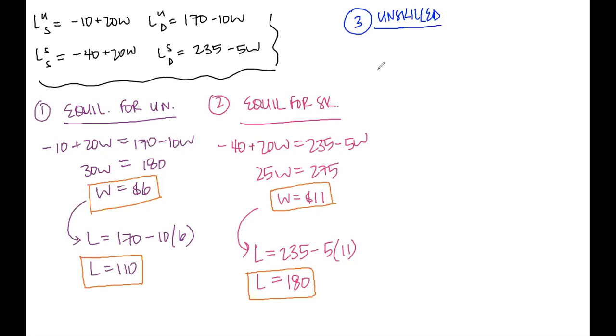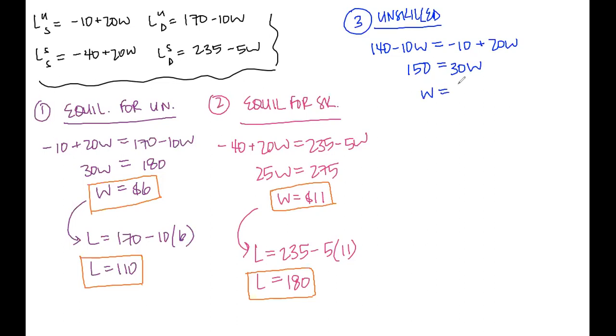So they told us that labor demand changed to 140 minus 10W. And then we can set that equal to what our supply equation was, because that didn't change. So that was negative 10 plus 20W. So this becomes 150 equals 30W.